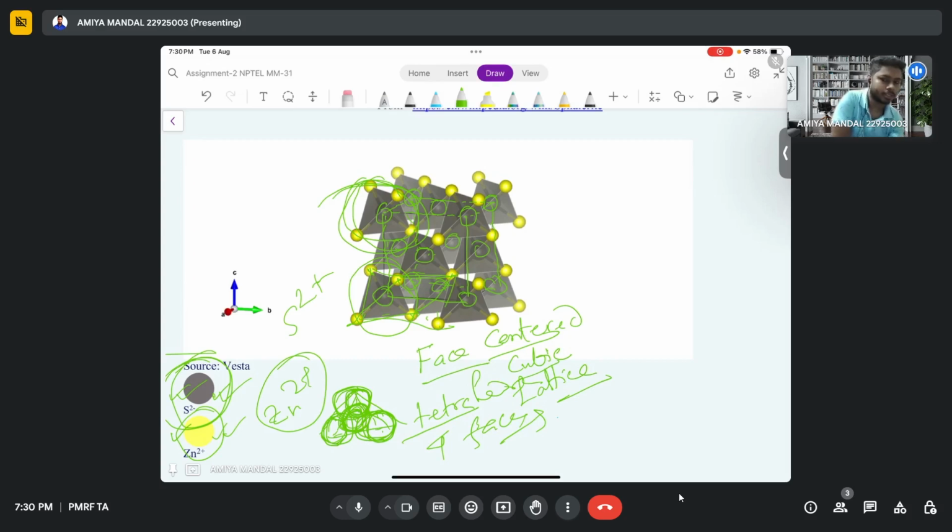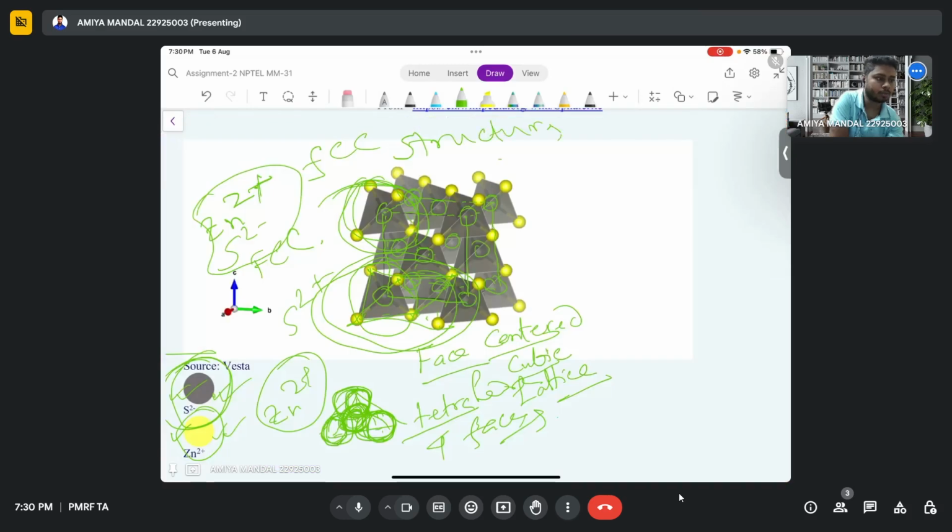Okay, so each zinc atom also forms an FCC lattice. So cation and anion both form an FCC structure.